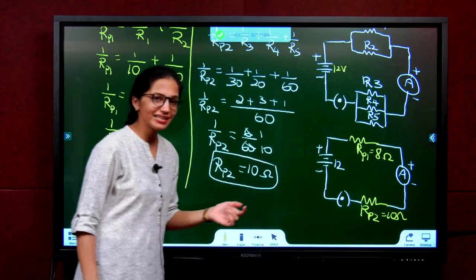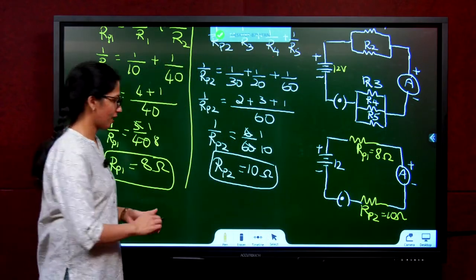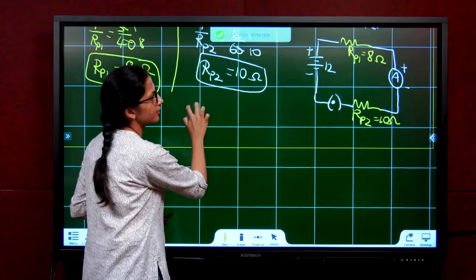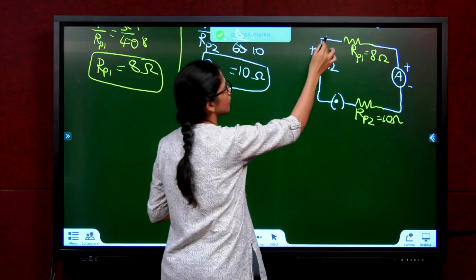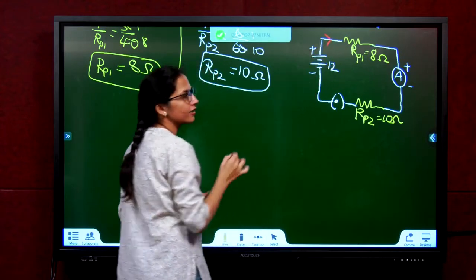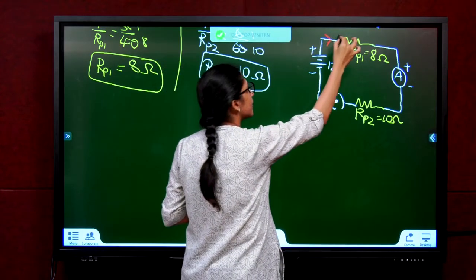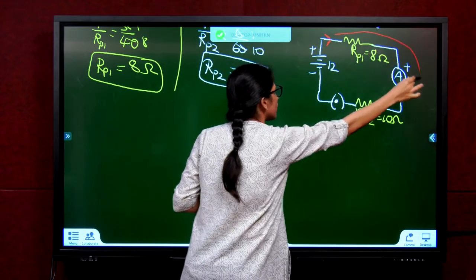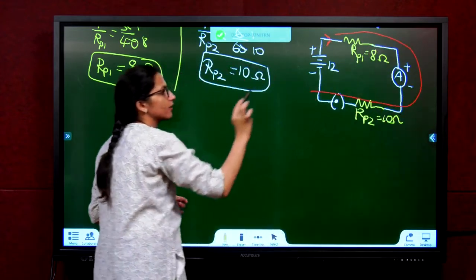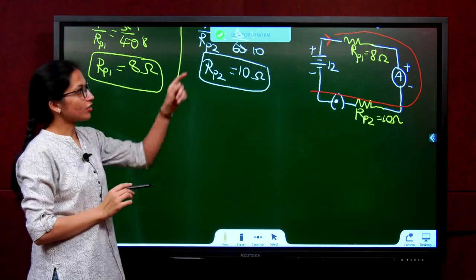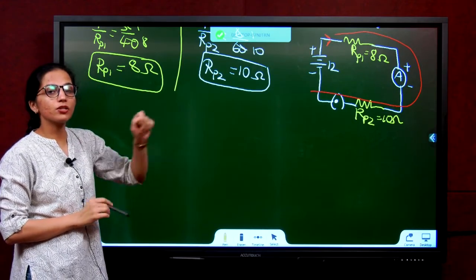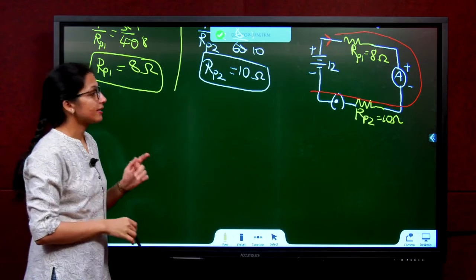Now it is very easy to tell the total answer. How? Please observe, if the current starts from this direction and goes, the same current will flow even through this resistor. Do you agree? So can I say RP1 and RP2 are in series? Yes.